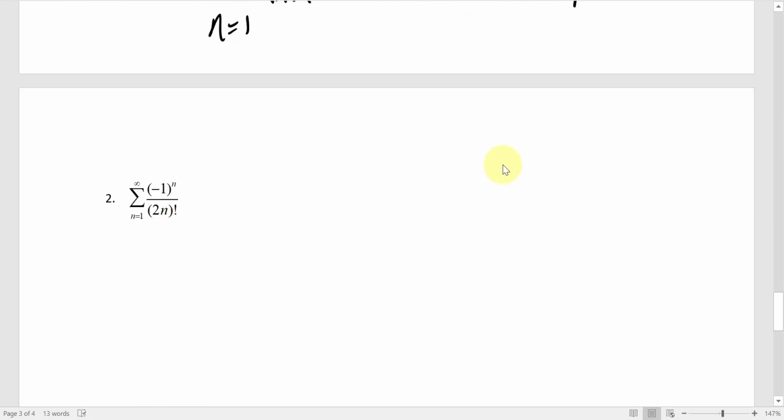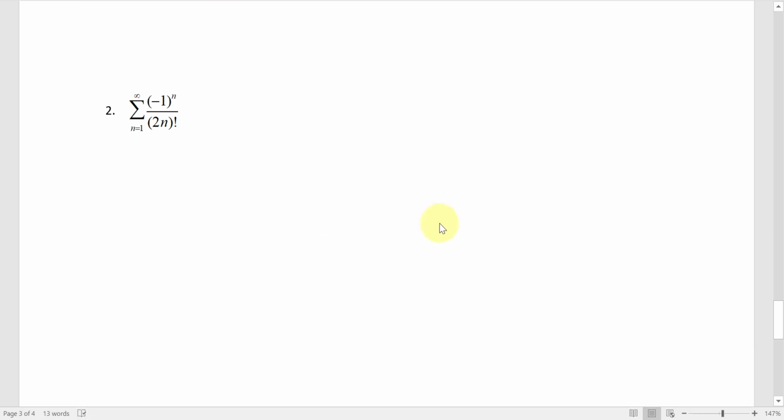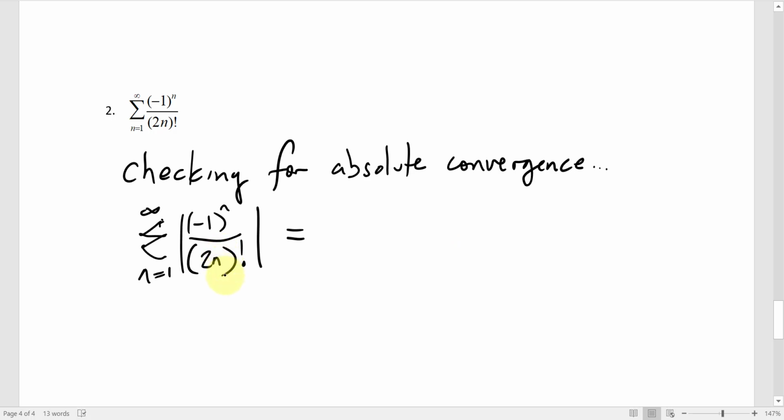Let's do that. So looking at number 2, rather than going through the alternating series test to see if it converges as it is, I will eventually have to do the absolute value. Let's just do that first. To check for absolute convergence, you take the absolute value of every individual term and look at a new infinite series and check whether it converges. Of course, that changes the infinite series.